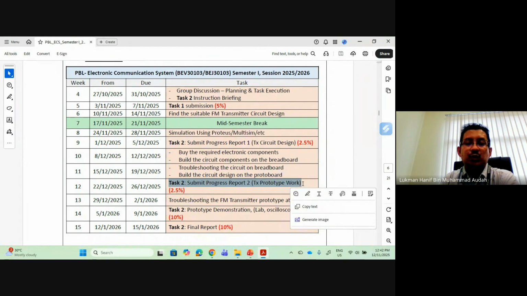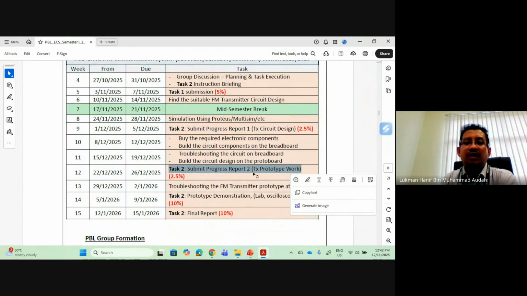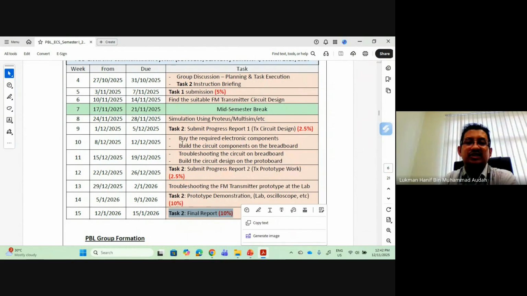So there are going to be 2 progress reports that you need to submit, and you also need to submit the final report later. There are 3 reports that you need to submit.